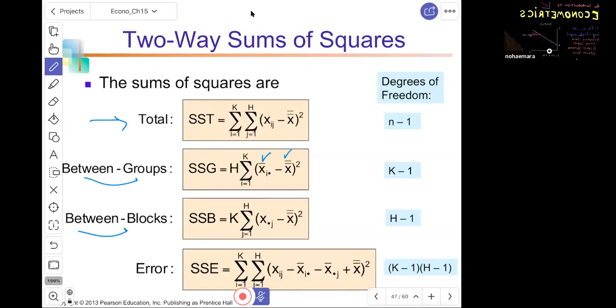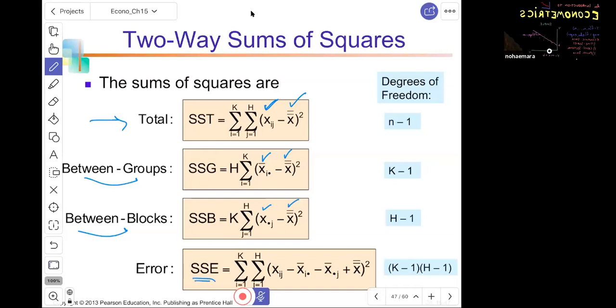Here, each block average, how far it is from the overall mean. And this one is each observation I have. If I have 100 observations, I'm going to have 100 of these, each measuring how far from the grand mean.